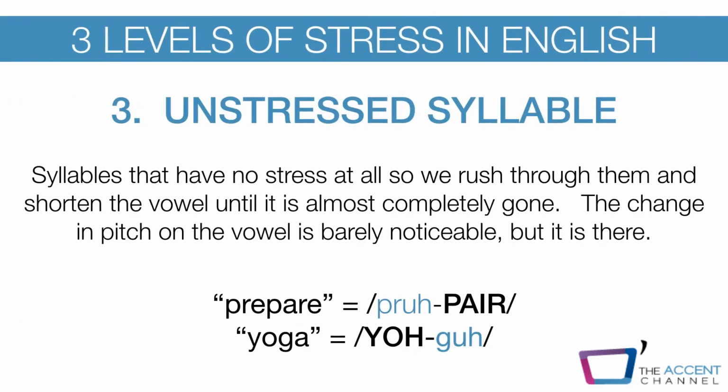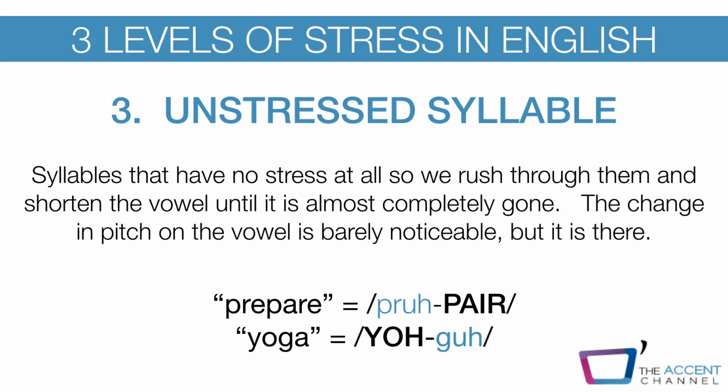The third level of stress is the unstressed syllable. These are the syllables that have no stress at all, so we rush through them and shorten the vowel until it's almost completely gone. I often tell my students to just cut the vowel, pretend like it's not there at all, even though it is there, but the idea of cutting the vowel seems to work.